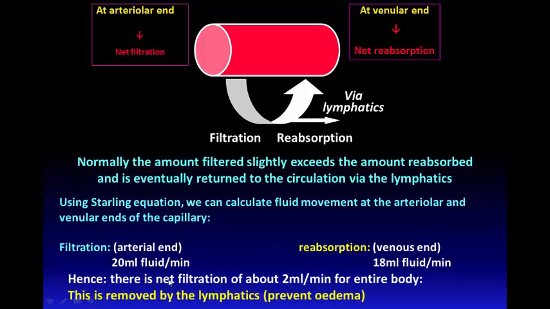Hence, there is net filtration of about 2 milliliters per minute for the entire body. This should be removed by the lymphatics in order to prevent edema.